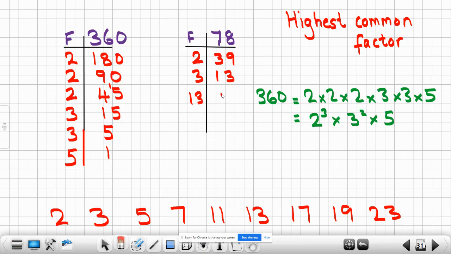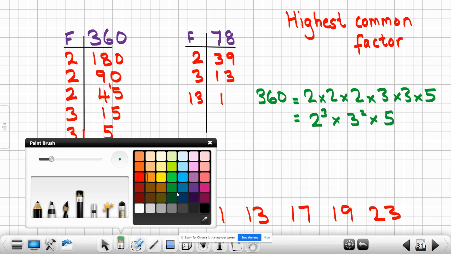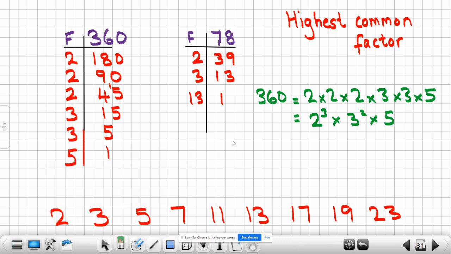We divide by 13 and we're left with 1. So that was much quicker because we had a large prime in there. So let's write 78 as a product of its primes, and that is 2 times 3 times 13. Great, so that is working out the product of their primes.